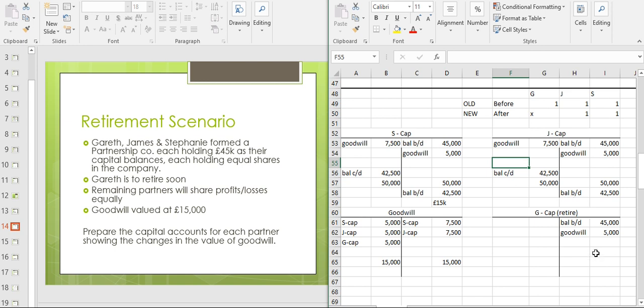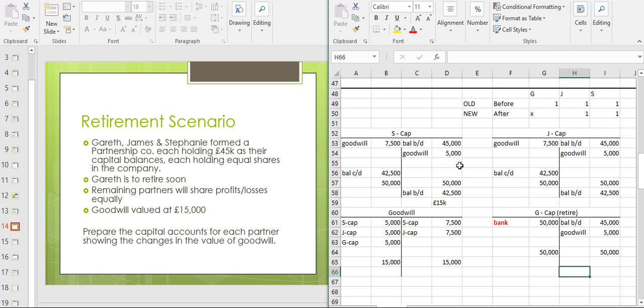As for Gareth, that totals up to 50, and I'm going to take it across, and there's a difference above of 50k here. Okay, what I'm going to do is I'm going to type bank here, and I'll explain what's going on. Okay, so if we have a look at Stephanie, she started with 45.